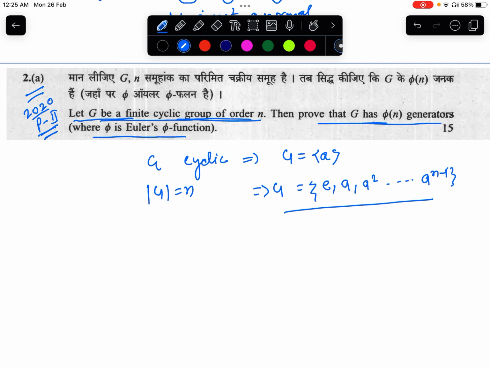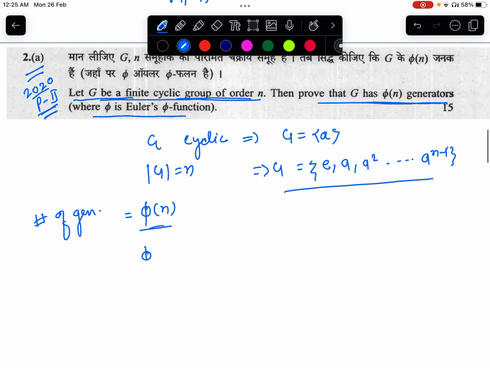Number of generators are equal to phi n. What is phi n? Phi n is defined as number of integers which are relatively prime to n and less than n. I is less than n, and GCD of I with n is equal to 1.